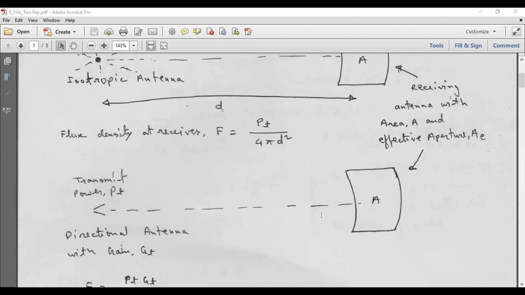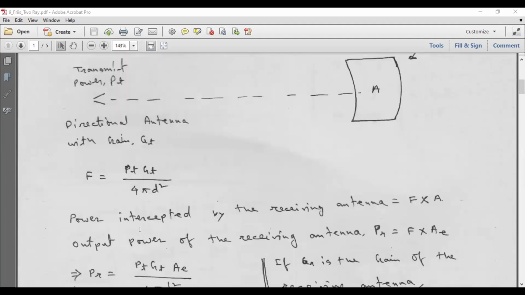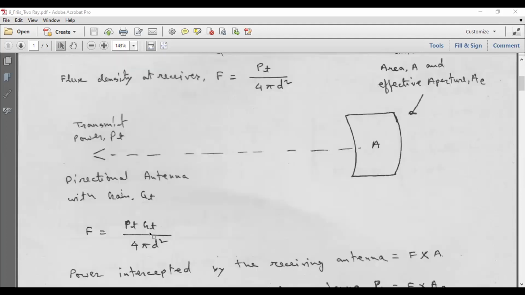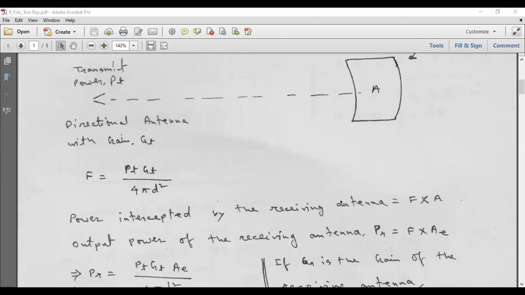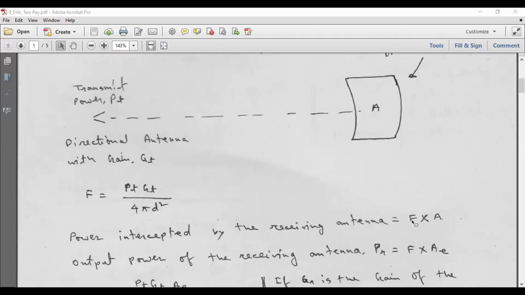Over per unit area, this much energy is flowing per second. Now, the power that is intercepted by the receiving antenna depends on the area of the antenna. So F multiplied by A.